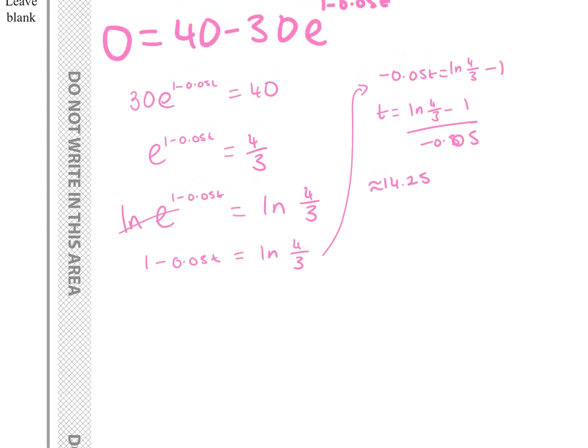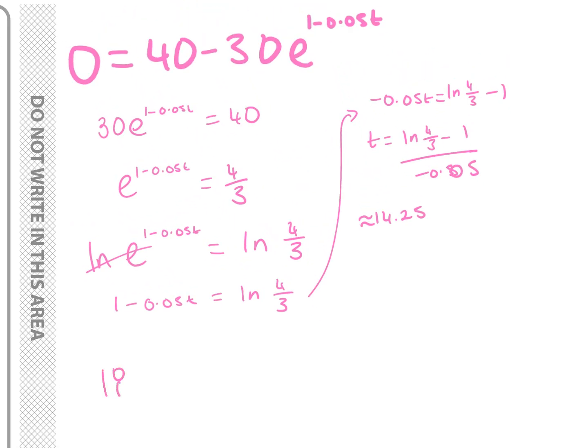So if we started on the 1st of January 1800, add 14 is 1814. Now we've got 0.25. How many months are there in a year? 12. So if I multiply this by 12, the third month. January, February, March. This is going to be 1814, March.